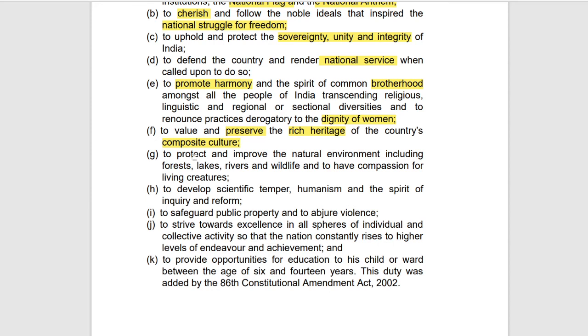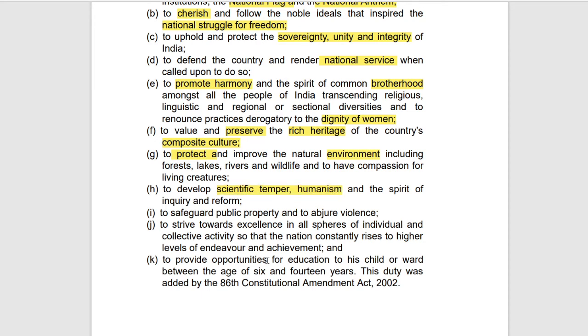So this entire sentence can be simplified into one phrase, that is protect environment. That's it. There is no requirement to write natural environment, forests, lakes, rivers, wildlife. When you write protecting of environment, you can understand what it means. Next, to develop scientific temper, humanism, and a spirit of inquiry and reform. Just underline the words scientific temper and humanism.